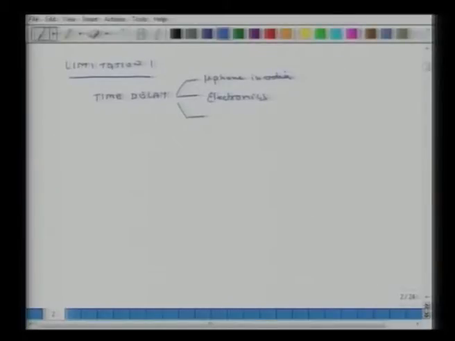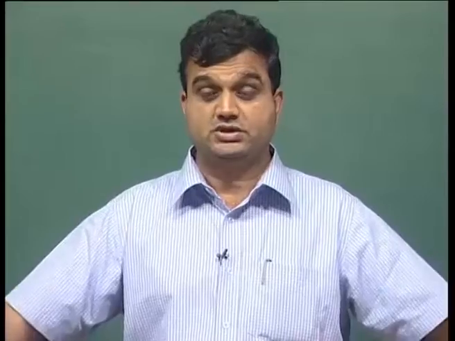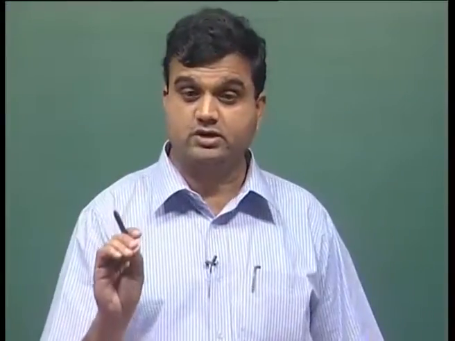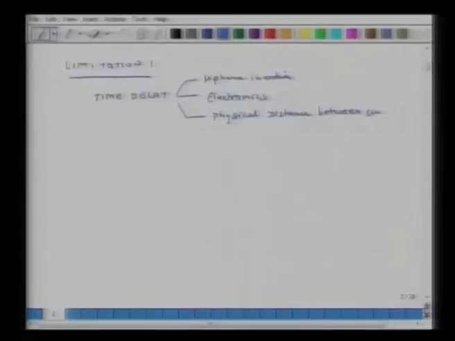It could also be due to physical distance between this concentrated noise source, we are not talking about a diffuse noise source, we are talking about a source coming from a very local point, between the source of noise and the transducer which is emitting the corrective signals.